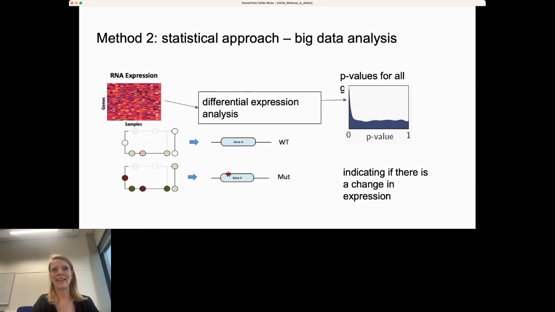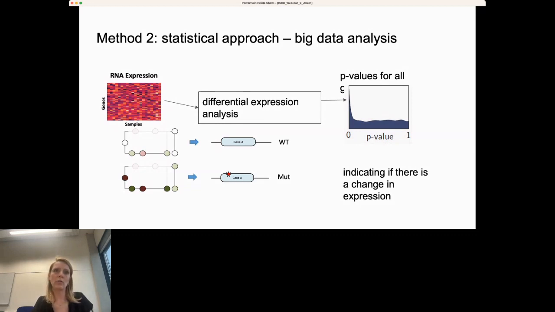So you would just have a flat line here between 0 and 1. If there's signal in your data set, so there is a differential signal, you will see a peak here at the left. And that means there's quite a large proportion of your data that has actually got a p-value that is very low. And so this peak actually shows the signal in your data.